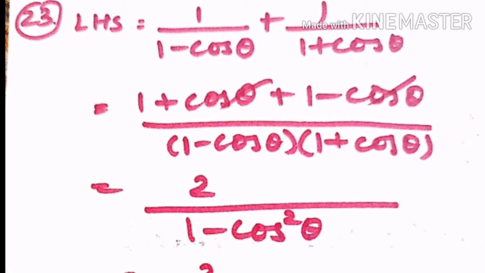But here a means 1, so 1 square is 1 and cos theta square, that is cos square theta. So we get 2 upon 1 minus cos square theta. We have to remember our 9th standard content also here to solve these questions. Sometimes we are using different identities of 9th standard which we have already learned.